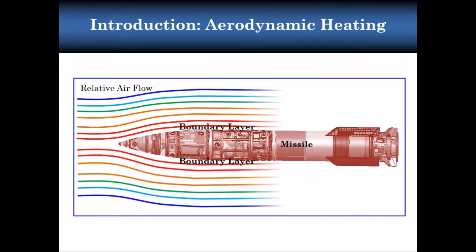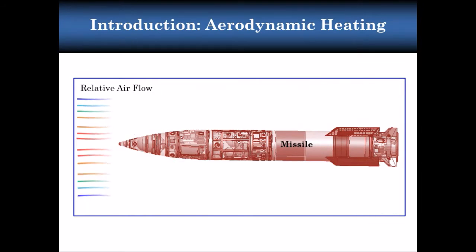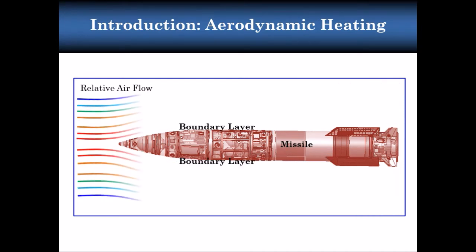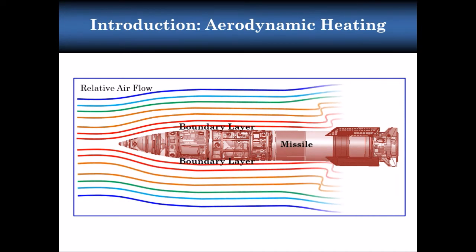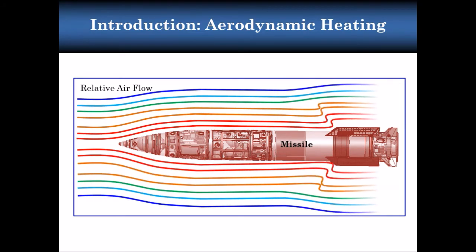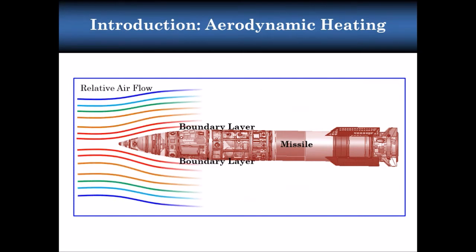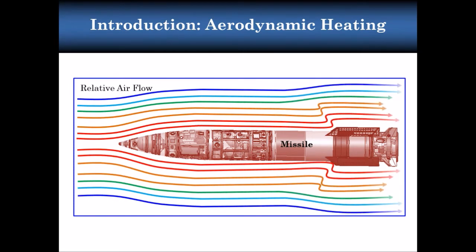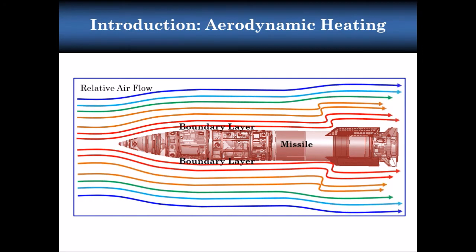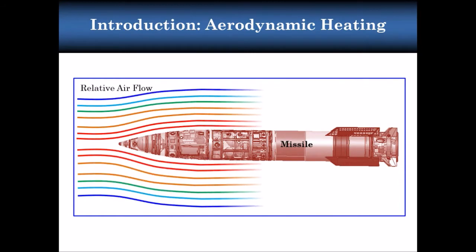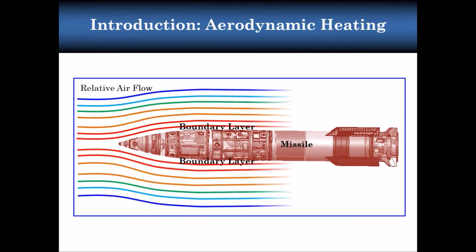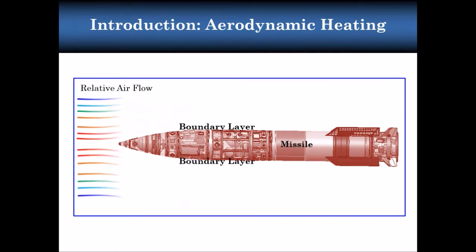Whenever the kinetic energy comes to 0 at the surface due to the no-slip condition and friction of the air, the kinetic energy completely converts into thermal energy, to maintain energy conservation, right? Due to this, the skin gets heated up, and it passes that heat into the airframe section through conduction. Inside the airframe section, it may be conduction, convection, radiation, or multi-mode phenomena.